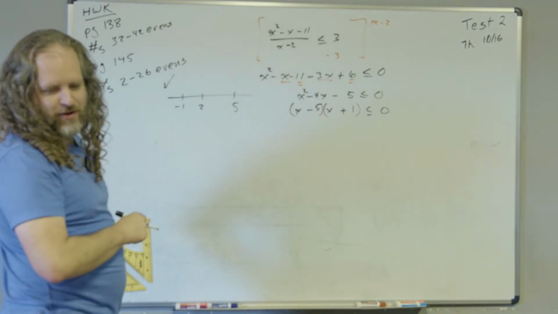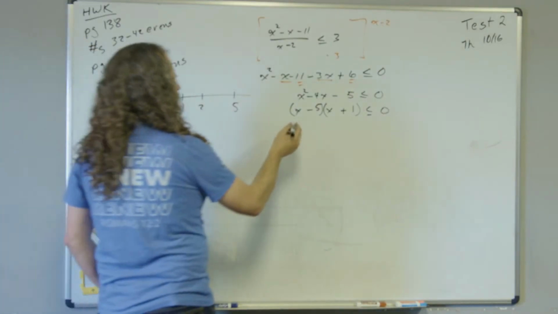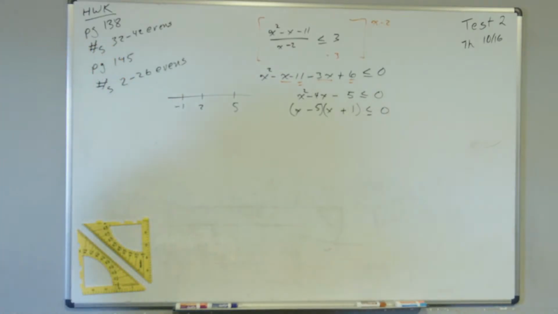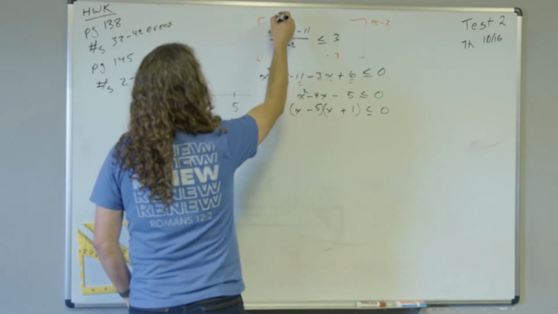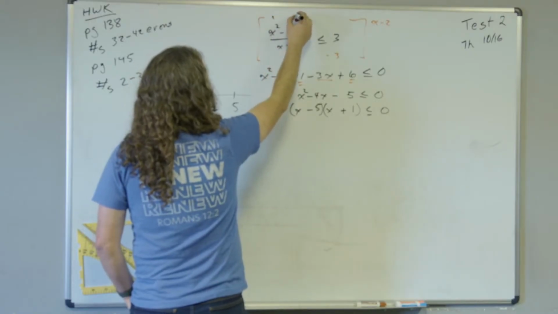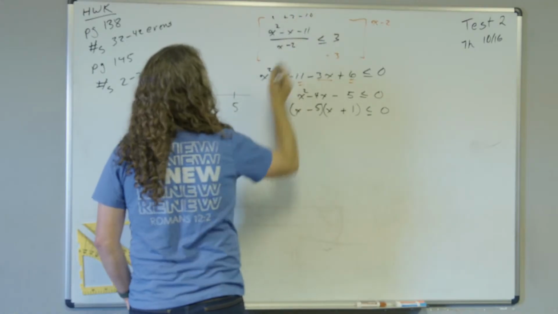Does 0 work? 0 minus 5, negative 5. Let's actually do this out. I'm trying to do things too fast because class is over. So we put a negative 2 in there. Negative 2 squared is 4, plus 2 minus 11 is negative up there.